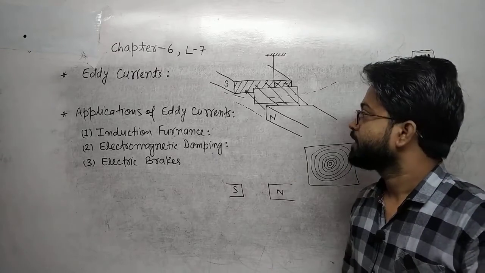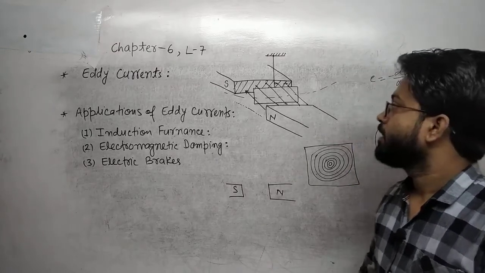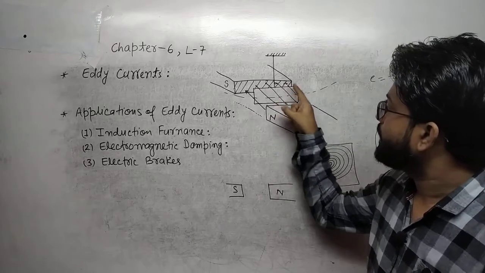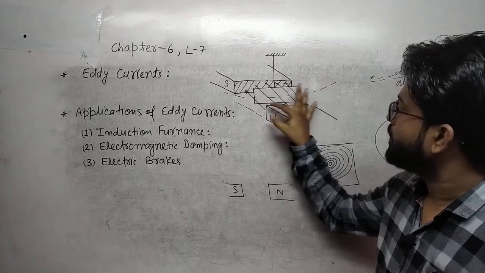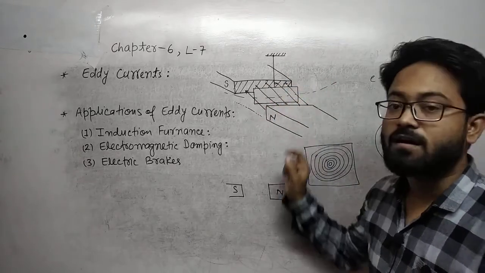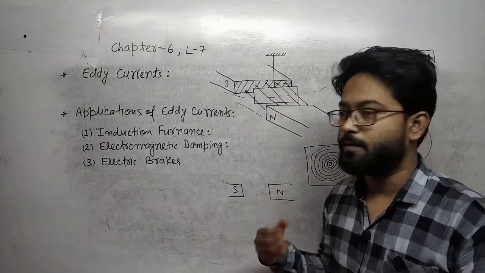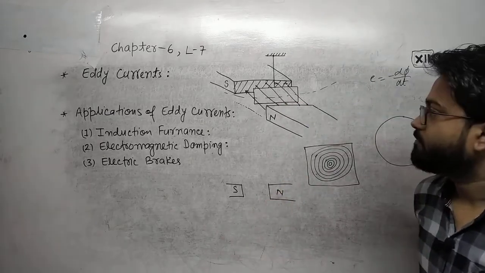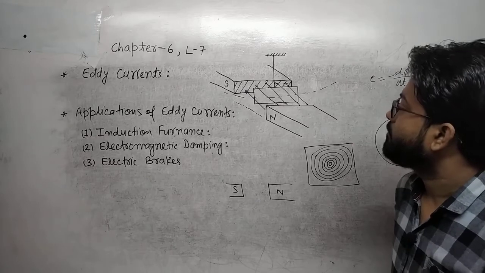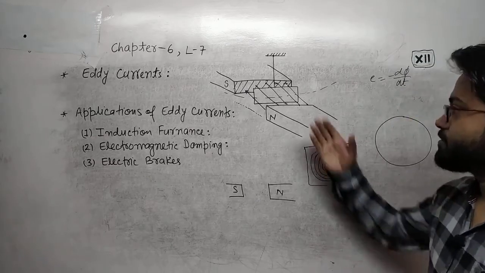But according to Lenz's law, when the magnetic field lines passing through this coil decrease, the magnetic field is changing, so there will be an induced current.